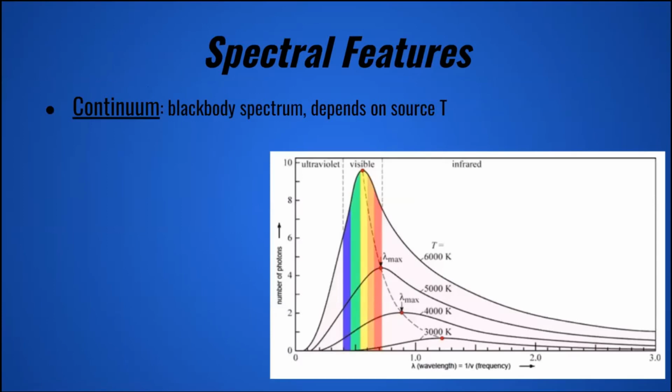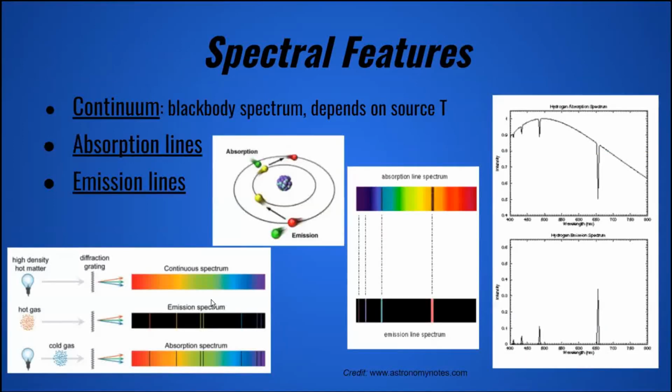So a spectrum, it doesn't matter what it is, has got some features. The main one is the continuum, which is the shape. For a star, it's a black body spectrum and only depends on the temperature. But then we've got absorption and emission lines. Again, this is a star. These are absorption lines because something is in the way of that light, and so that light doesn't reach us, or not as much.